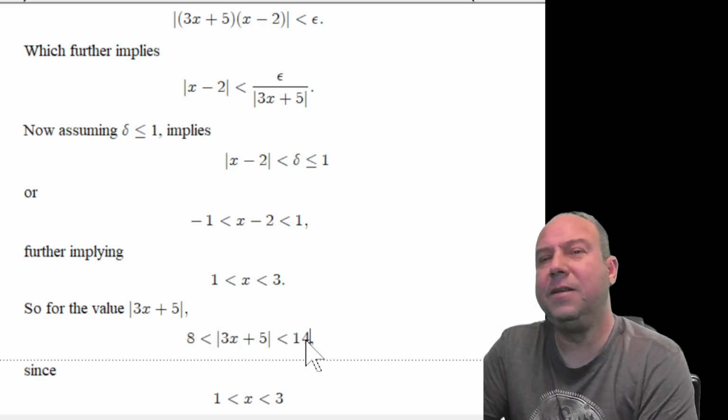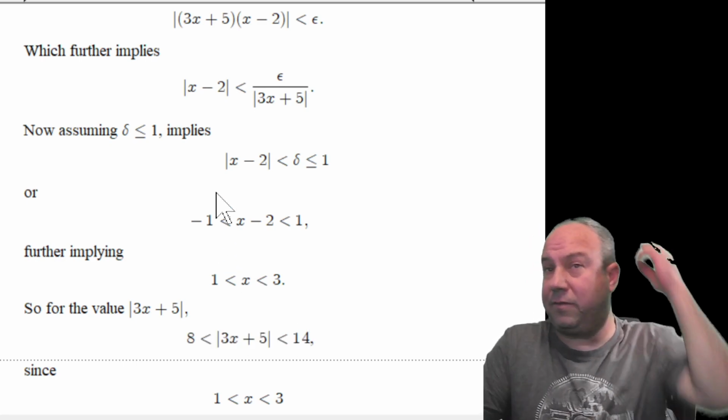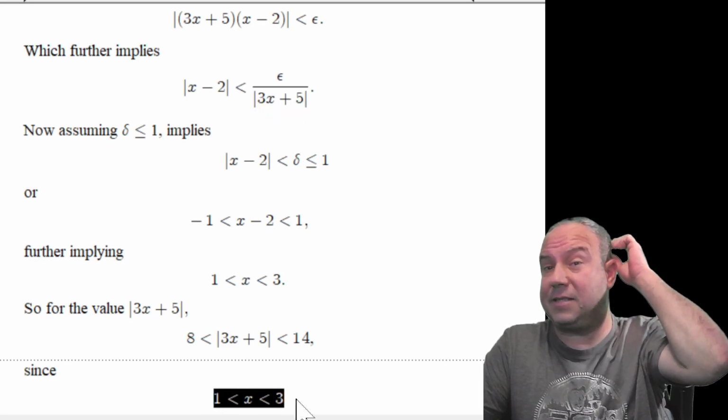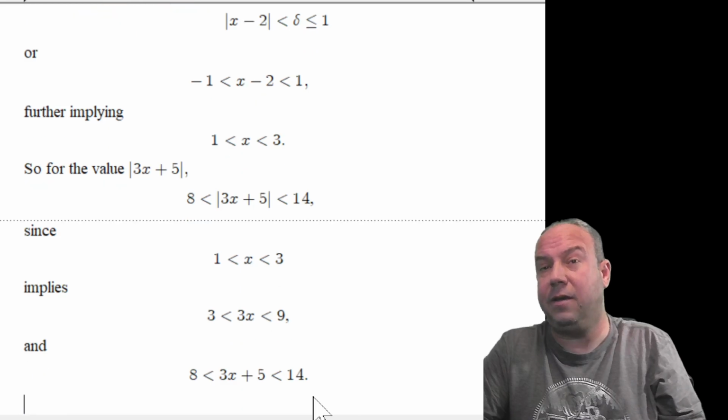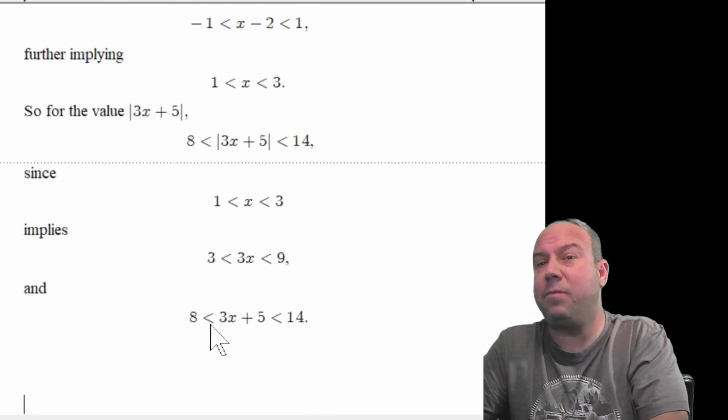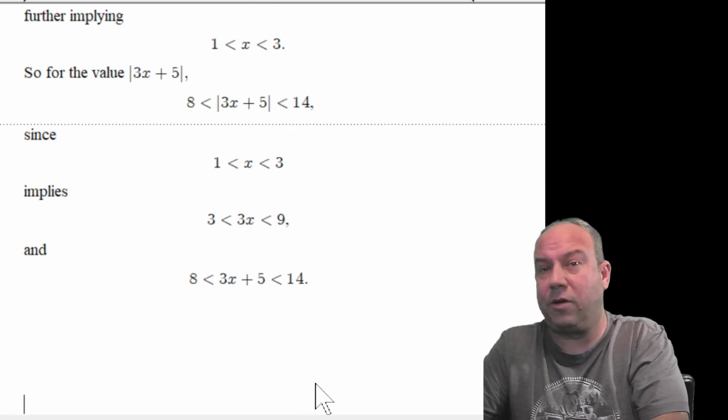Right? So for the absolute value of 3x plus 5, we see underneath the statement here, since x is stuck between 1 and 3, that ends up implying that 3x plus 5 must be stuck between 8 and 14.